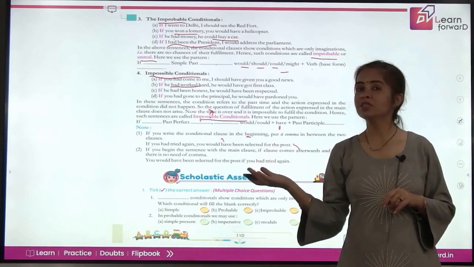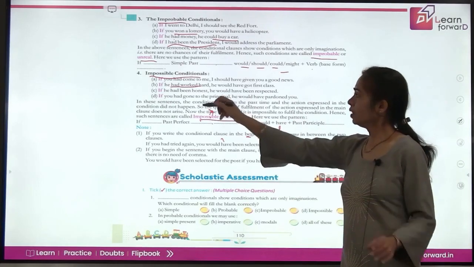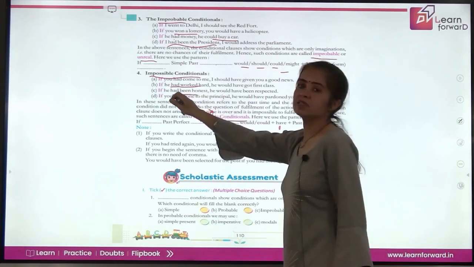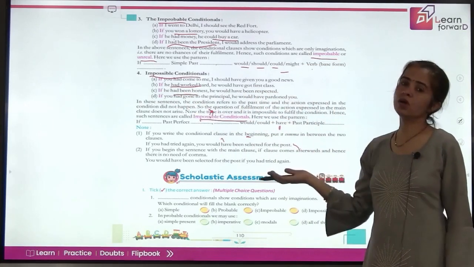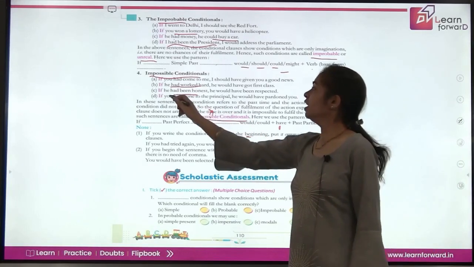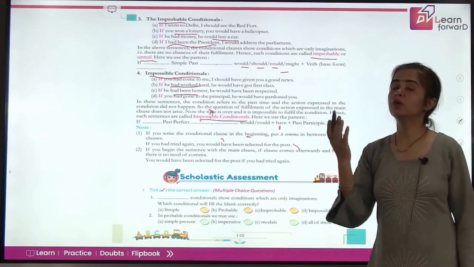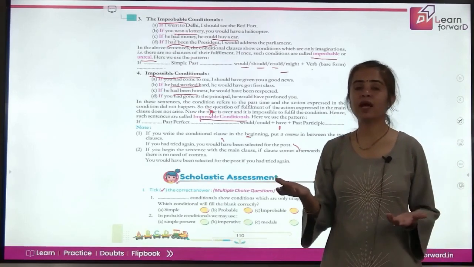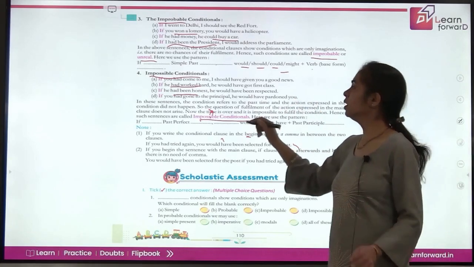No. So that means it's not possible. This way it is impossible. If he had been honest, but he is not, he would have been respected. He is not honest, so he is not respected. If you had gone to the principal, he would have pardoned you, but you didn't go, you didn't dare to do that, so you have not been pardoned. So these are all impossible conditionals.